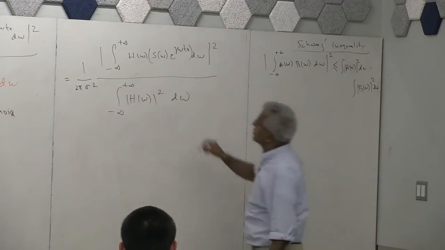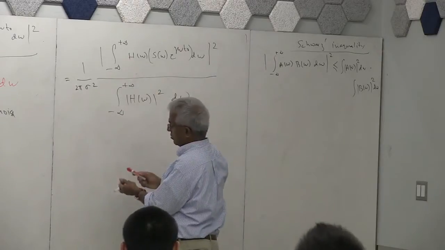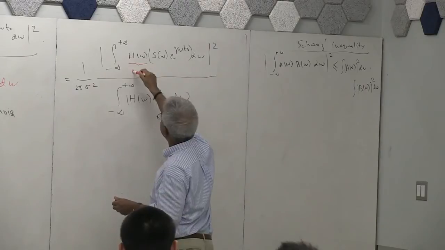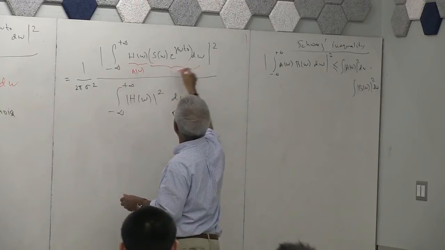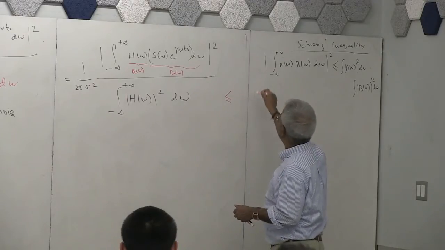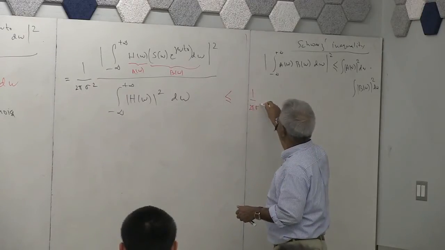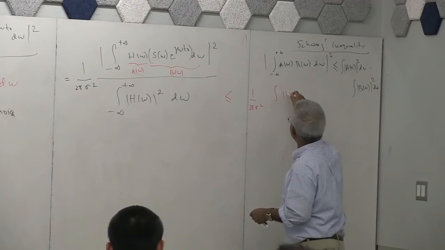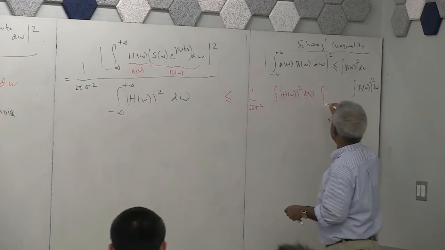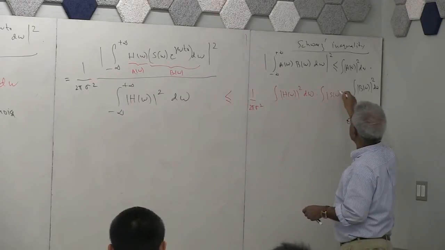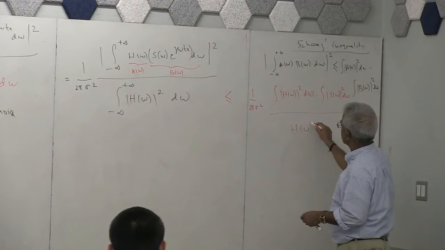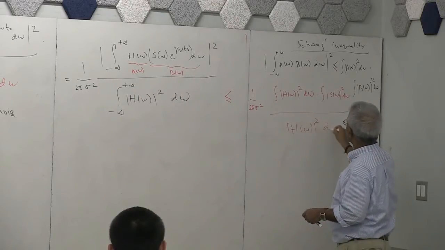So we can call this A(omega), and this B(omega). The numerator is less than, so let me leave the constants there, the integral of |H(omega)| squared d omega multiplied by the integral of |S(omega)| squared d omega, over the integral of |H(omega)| squared d omega.